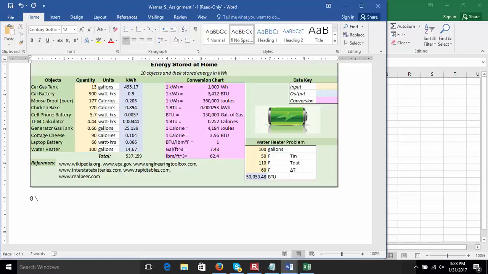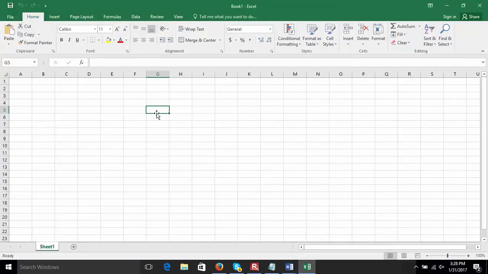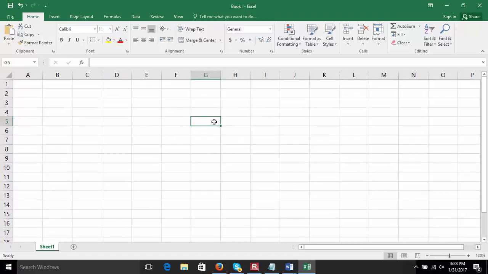Let's say I want to do 8 divided by 2 divided by 2. Now I know that equals 2. 8 divided by 2 is 4, 4 divided by 2 is 2. And I want to make sure that if I put this into Excel, equals 8 divided by 2 divided by 2, enter, it's 2.